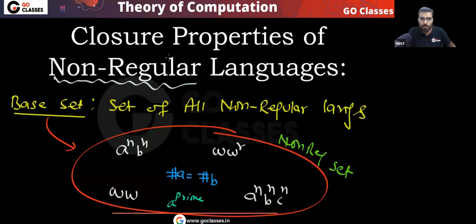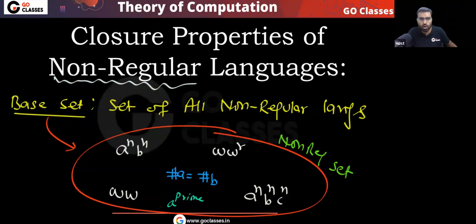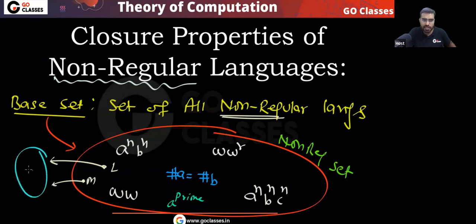So remember, closure property of non-regular languages. When you study closure property of non-regular languages, your base set is the set of all non-regular languages. And what is the question? The question is, I take a language L from here and a language M from here, two languages from this set, I apply some operation between them, and will the result be a non-regular language?